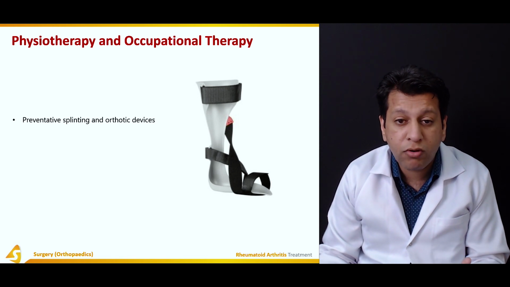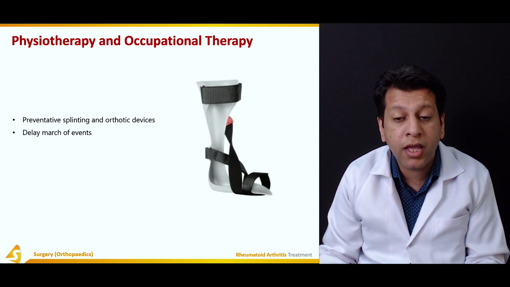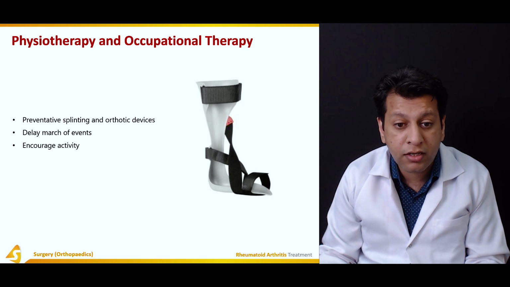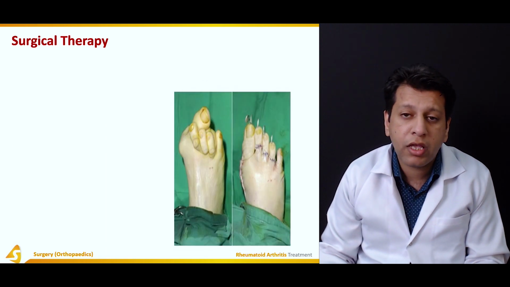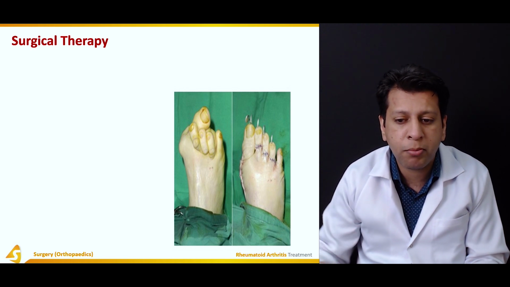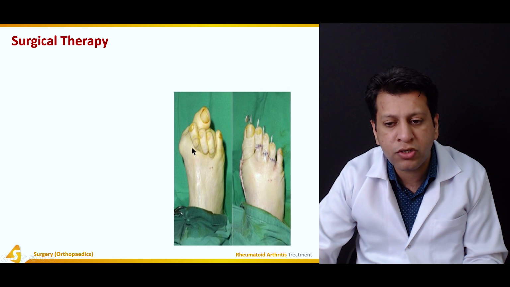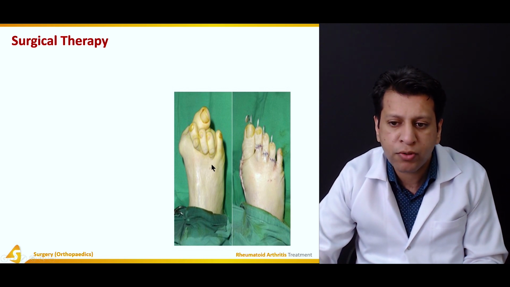The role of the physiotherapist and occupational therapist is prevention, splinting and orthotic devices, delaying the march of events, and encouraging activities. If the end stage has been reached and there is marked deformity, as you can appreciate on the right side, there is such a high degree of hallux valgus and clawing of the toes that with this deformity, a patient will not be able to walk properly.